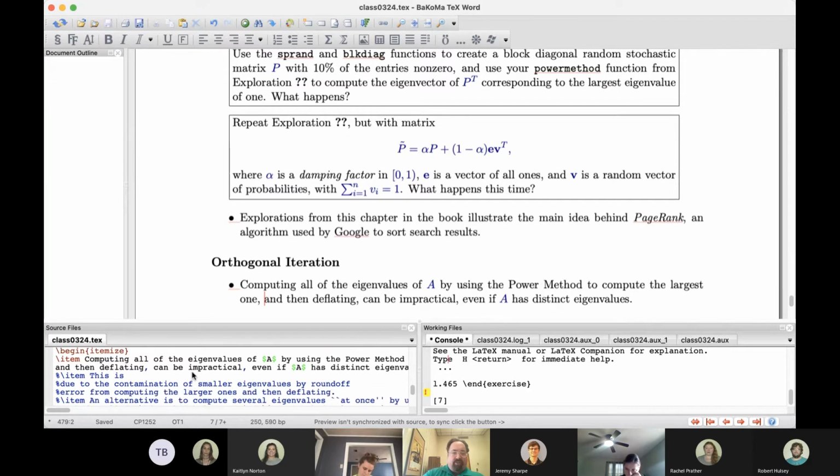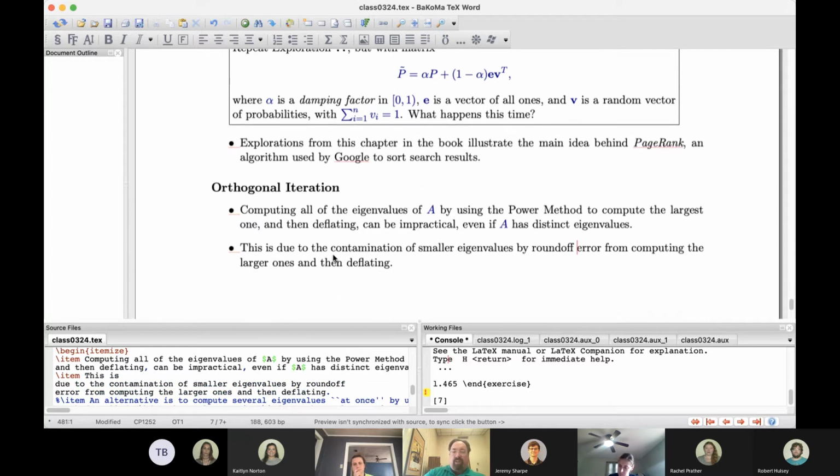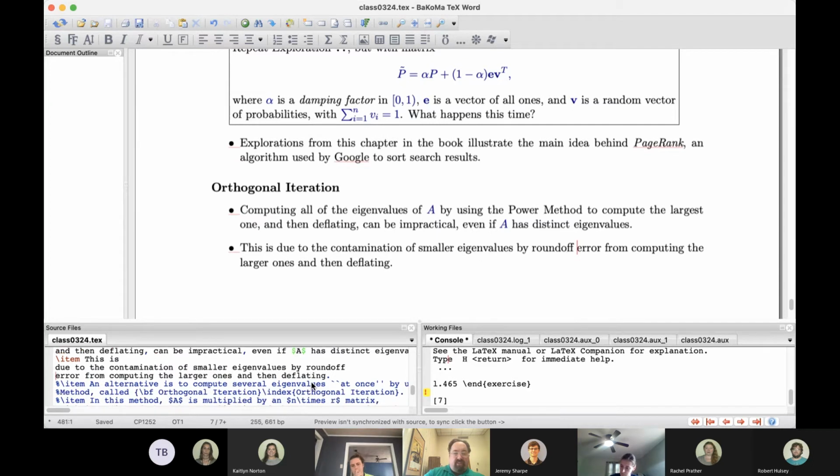But that doesn't work so well. It takes a lot of assumptions. It's not really a good way to go. We need something better, more efficient, and more numerically stable, because anytime you perform deflation, you're introducing more round-off error, so your smaller eigenvalues will end up being less accurate than the largest ones, which are the first ones you would find.